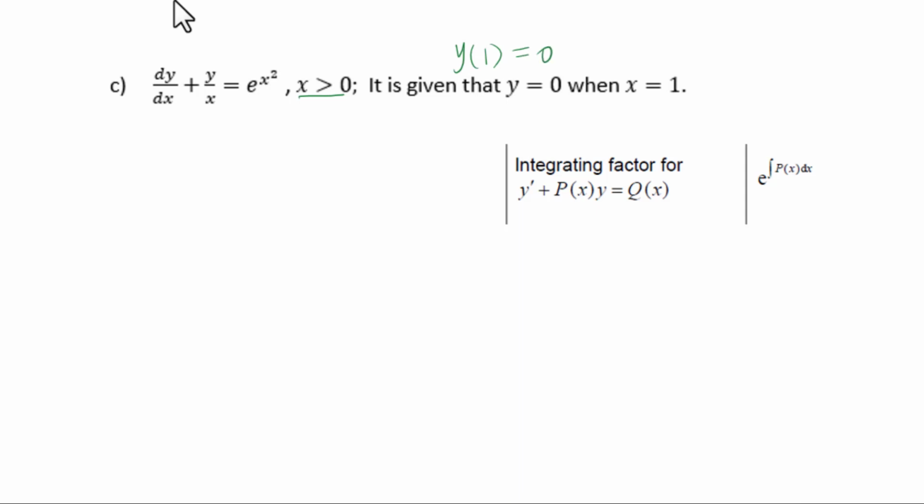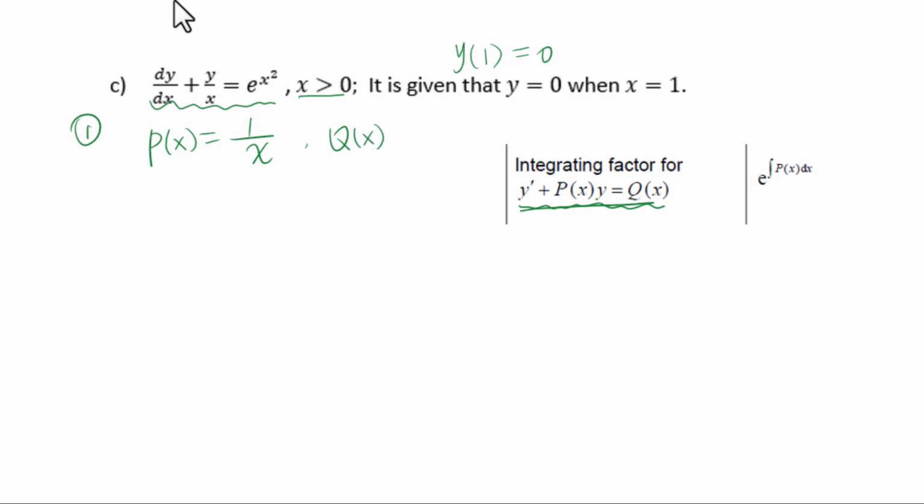First step, you need to check the equation pattern. This is a pattern for a linear differential equation, and the given differential equation is this pattern. Then second step, figure out p of x equals 1 over x.